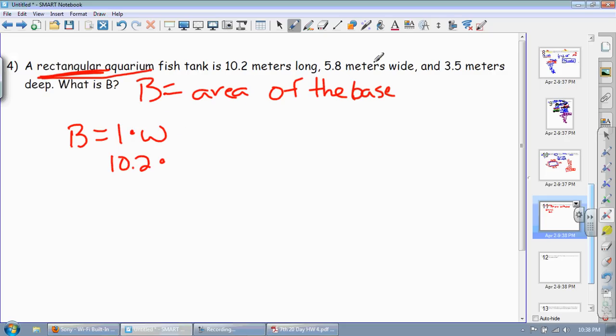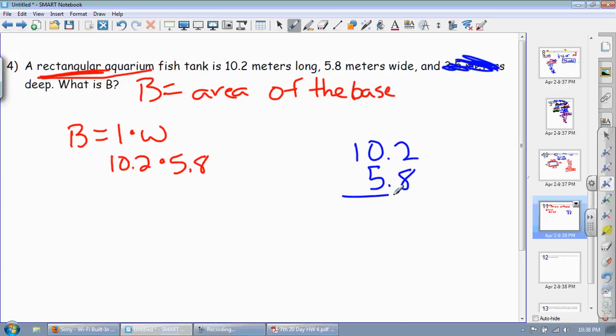and once again, this depth part doesn't matter. So now it's just 10.2 times 5.8. That's just multiplication. That's nothing we can't do. So multiply 6, 1, 8 times 0 is 0, plus 1 is 1, 8, bring down a 0.